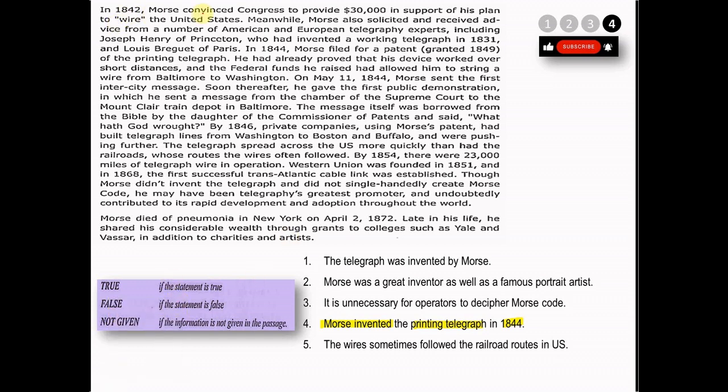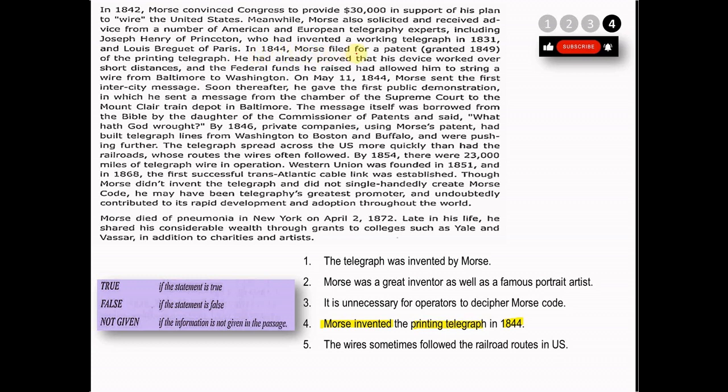In 1842, Morse convinced Congress to provide $30,000 in support of his plan to wire the United States. Meanwhile, Morse also solicited and received advice from a number of American and European telegraphy experts, including Joseph Henry of Princeton, who had invented a working telegraph in 1831, and Louis Bruguet of Paris in 1844.